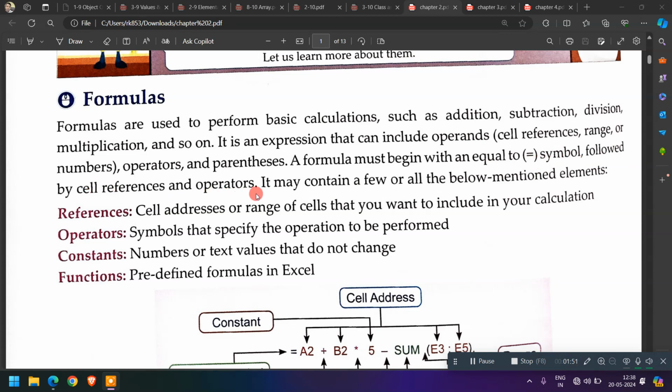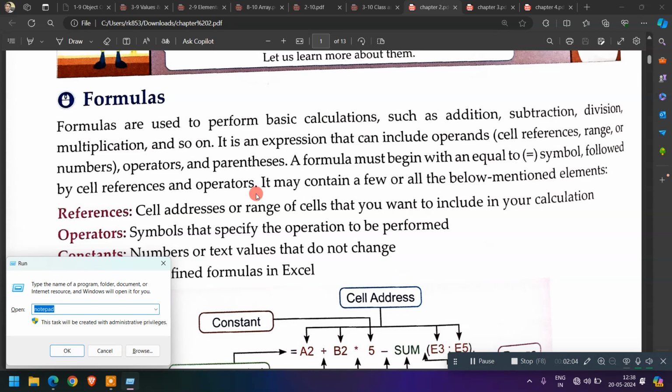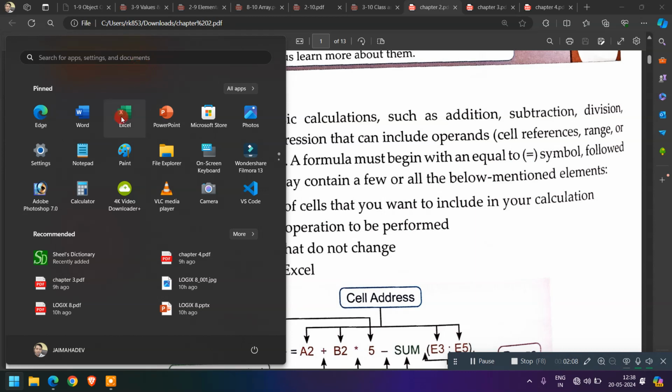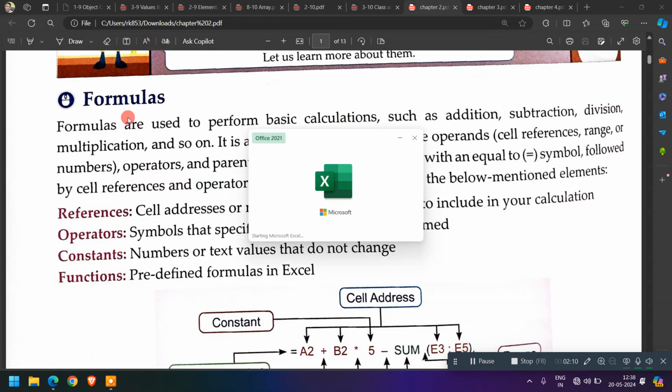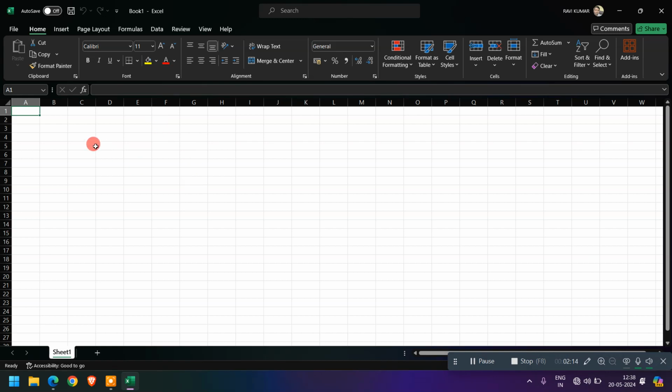When you apply any kind of formula in Excel, you must put the equal symbol and then you can start to write your expression or formula. I am going to show you an example. I am opening MS Excel, and increasing the size.